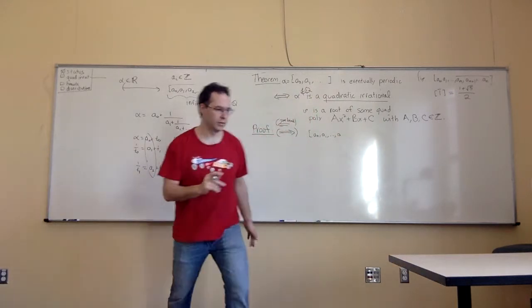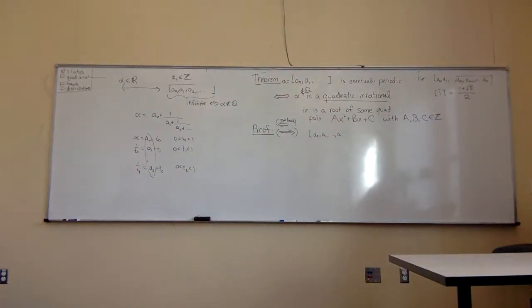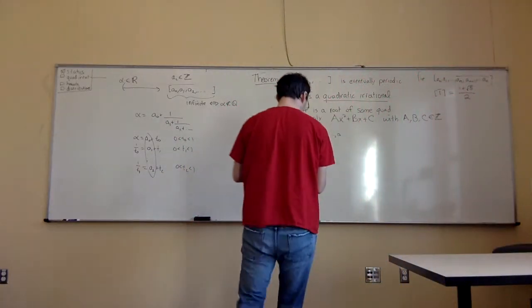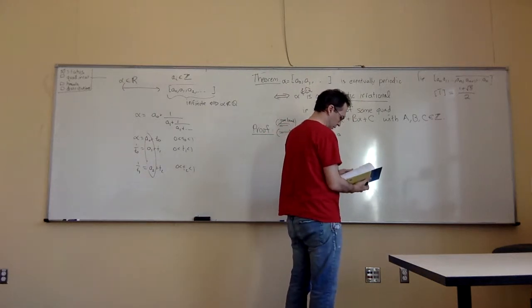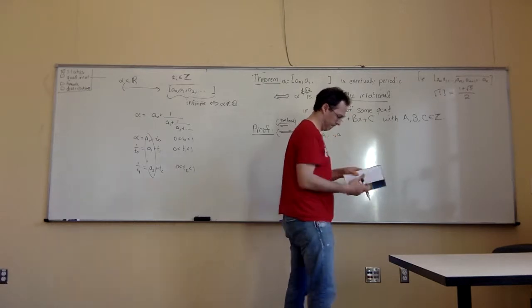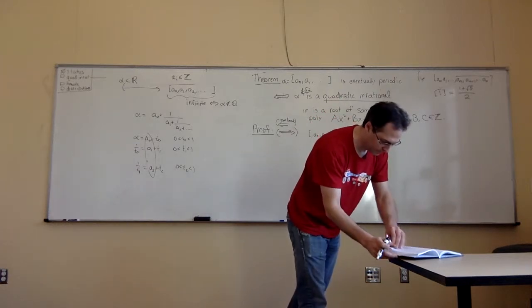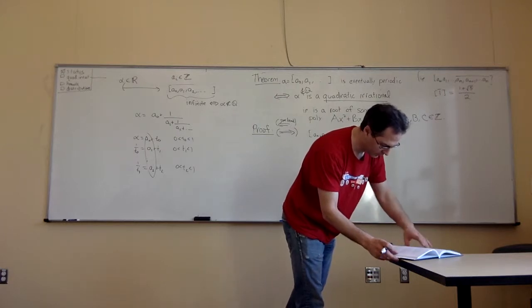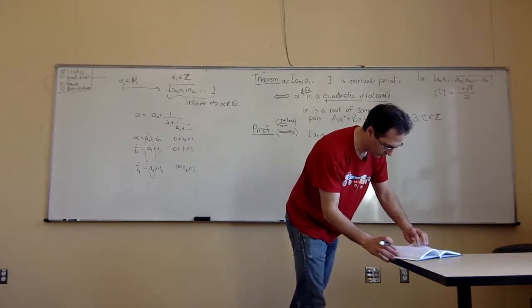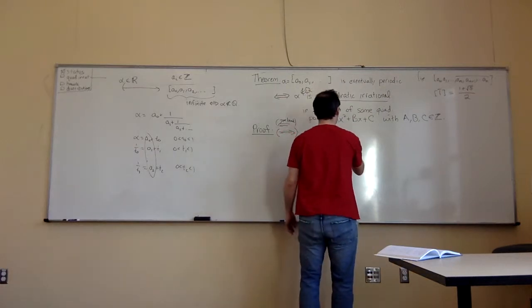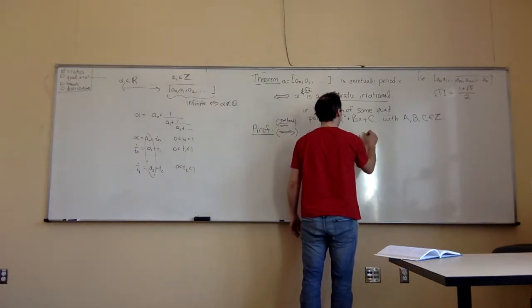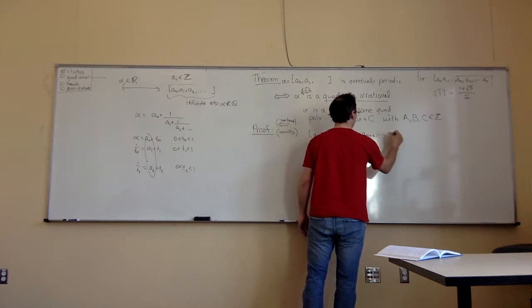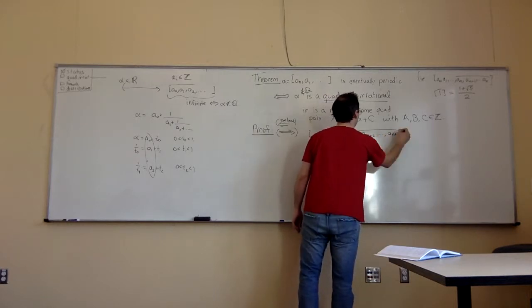I don't want to use the exact notation I use in my book because it's kind of messy. Then an, an plus 1, an plus 2, up to an plus h, repeating.